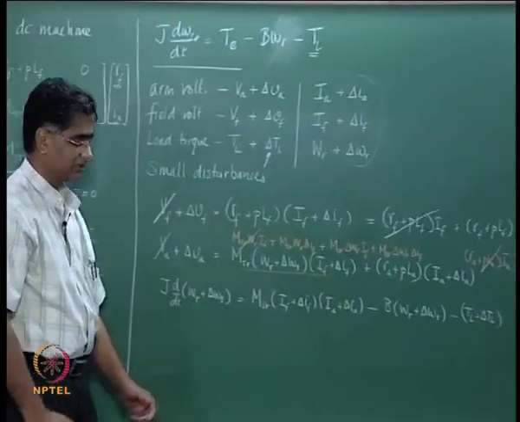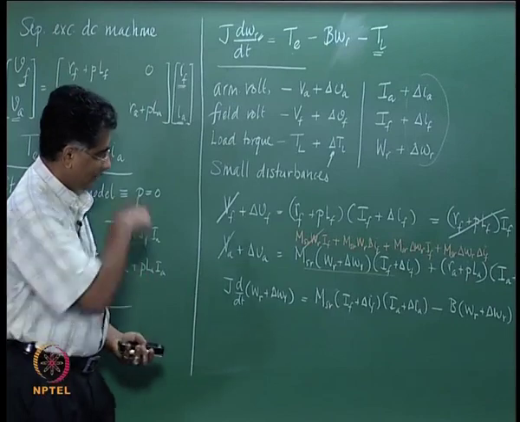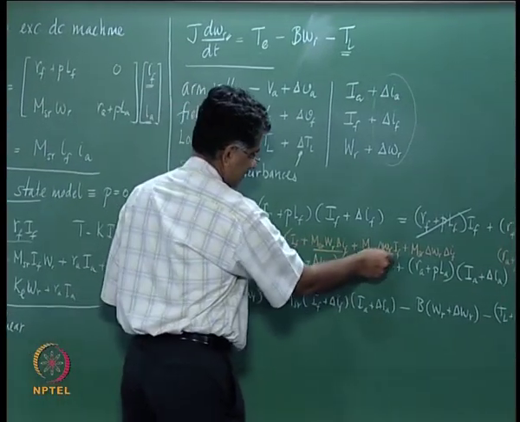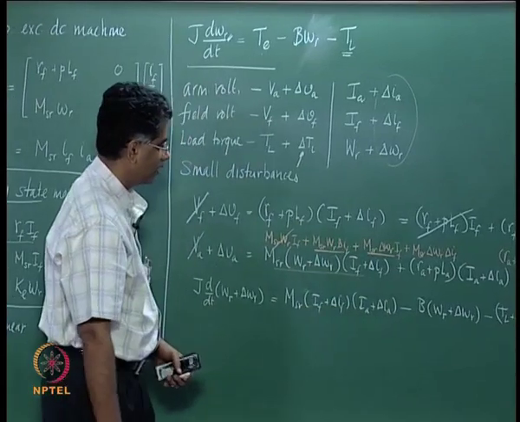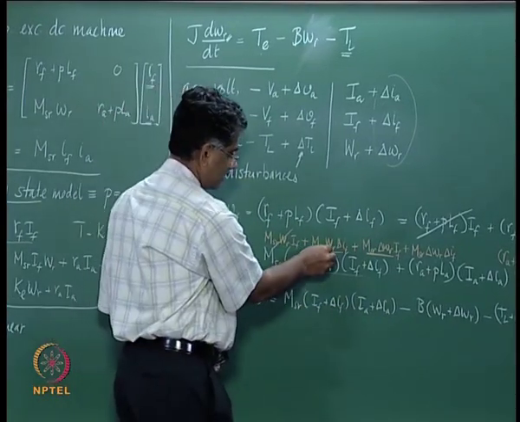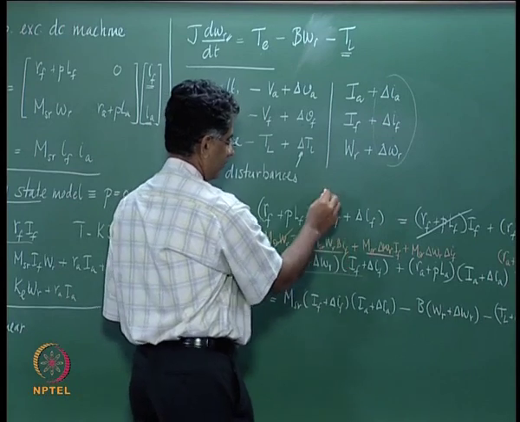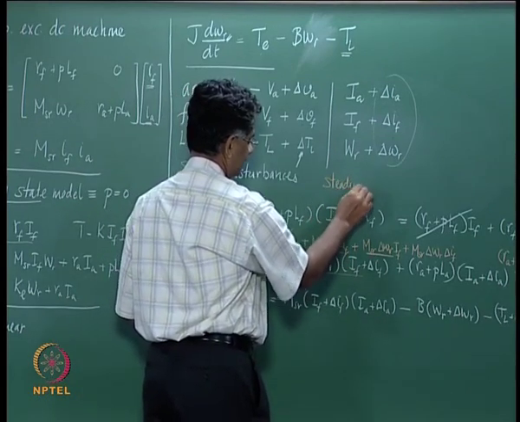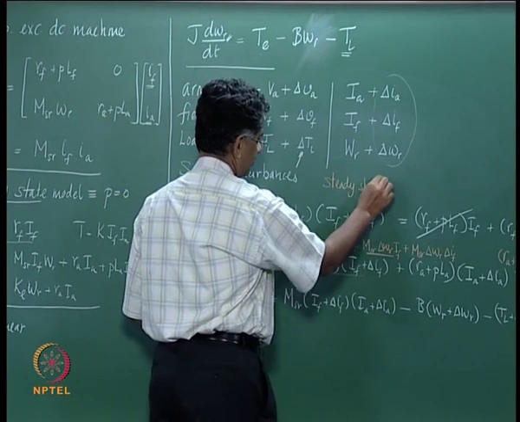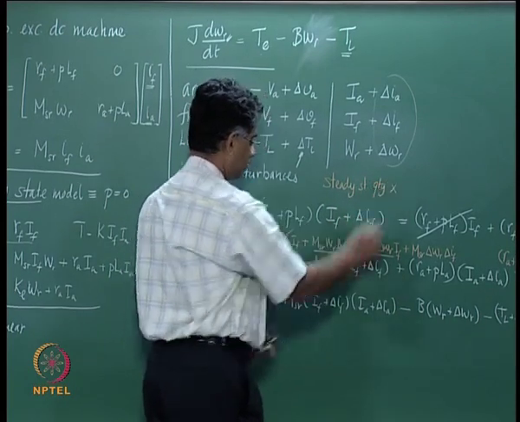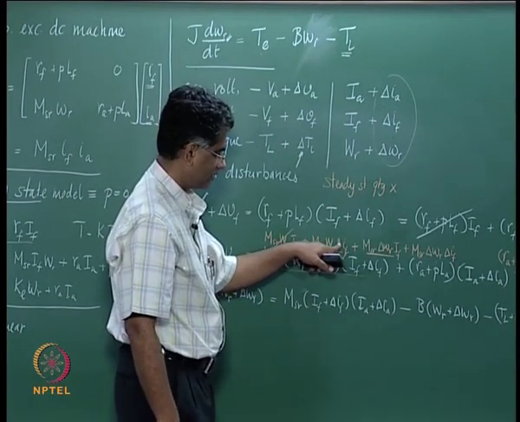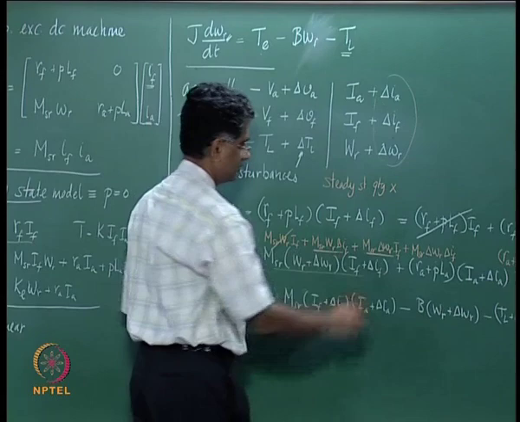Now, out of these terms one can see that the first term here and the second term involve omega r into delta IF, which is a product of a steady state quantity into the response to the disturbance.